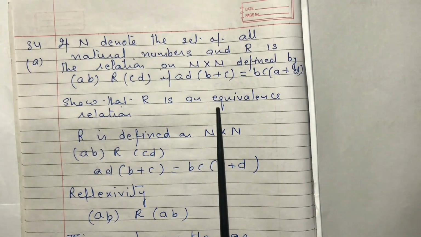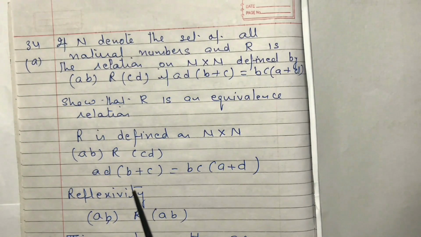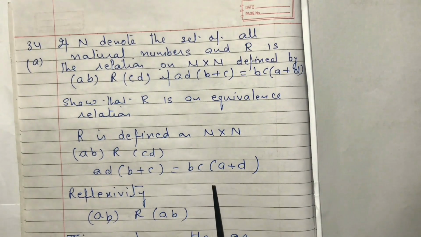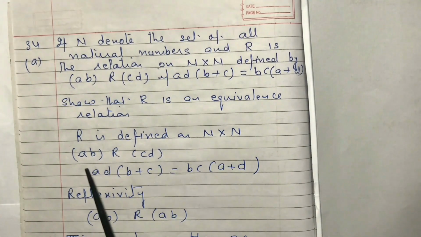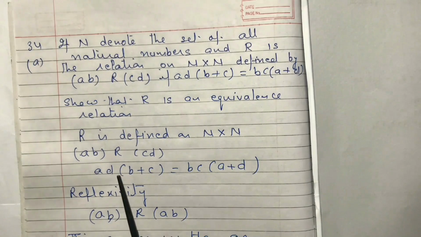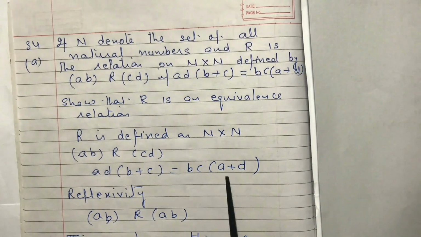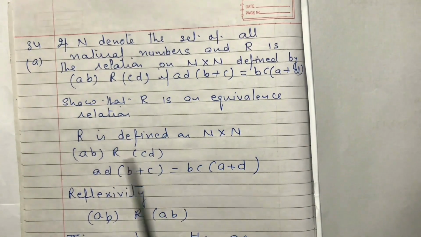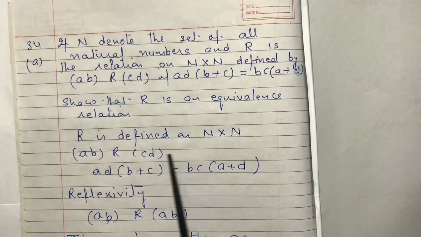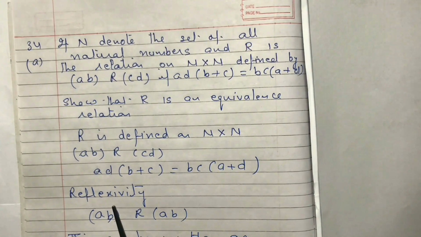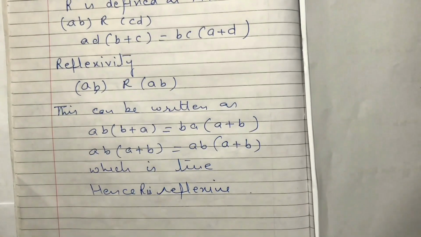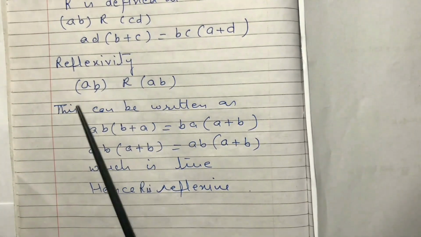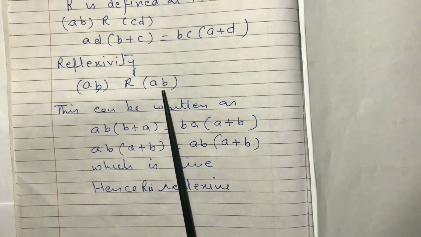हमने यहाँ पर इक्विवेलेंस रिलेशन शो करना है. उसके लिए हमें बताना पड़ेगा कि ये रिफ्लेक्सिव है, सिमेट्रिक है और ट्रांजिटिव है. तो यहाँ पर मैंने R is defined on this, (a, b) is related to (c, d) if ad(b + c) is equal to bc(a + d). तो सबसे पहले मैं इसकी रिफ्लेक्सिविटी बताऊंगी. (a, b) related to (a, b). रिफ्लेक्सिव बताने के लिए हमें क्या शो करना पड़ेगा कि (a, b) related to (a, b).